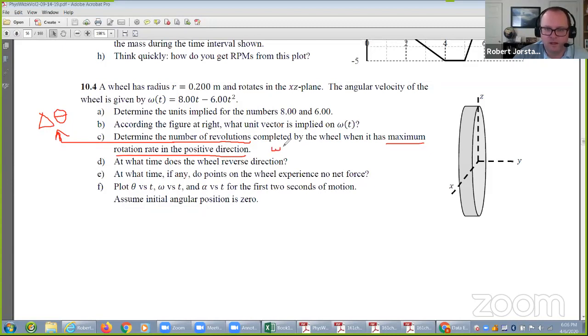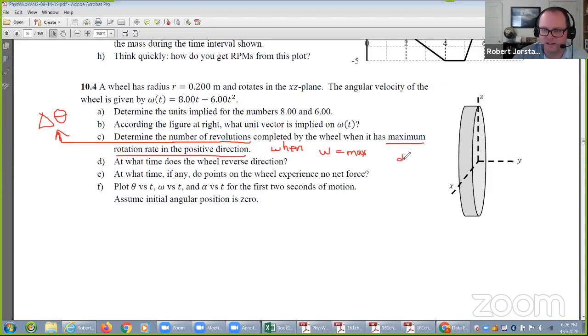So when omega equals a max. Okay. So how do I find the max and min of omega?